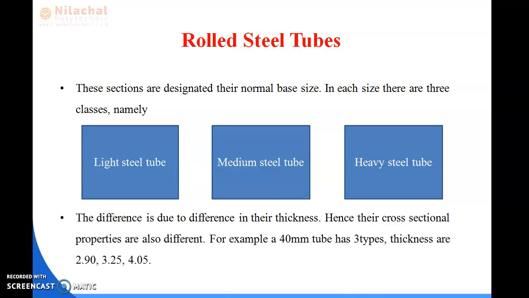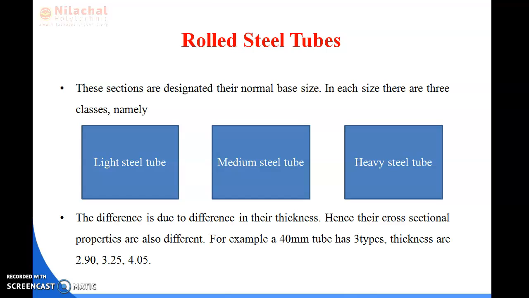Today's class starts with the rolled steel tubes. First of all, the rolled steel sections are designated by their nominal base size. In each size there are 3 classes, namely light steel tubes, medium steel tubes, heavy steel tubes. The difference is due to the difference in their thickness. Hence their cross-sectional properties are also different.